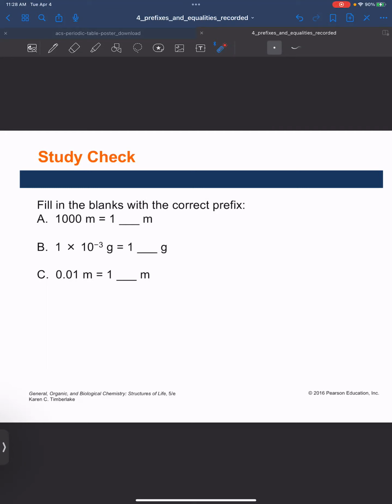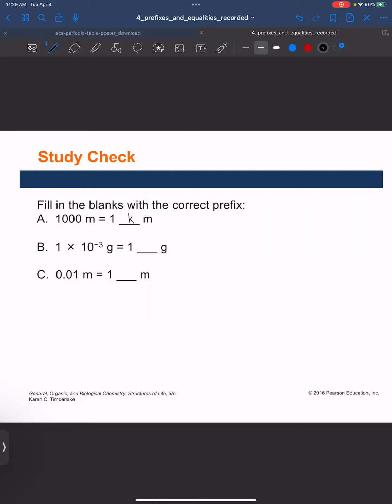All right, welcome back. So we need to fill in the blanks with the correct prefix. So 1,000 meters is equal to what? 1 kilometer, good. So you should put a K right here, since a K represents 1,000. 1 times 10 to the negative third grams is equal to what?